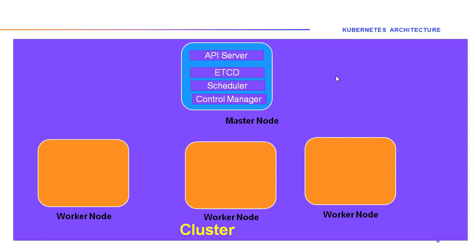Now next is the scheduler. The scheduler is used to schedule pods on the worker nodes. So what is a pod? We will talk about that in upcoming sessions, but for now, let's say we have a container, and on top of that we have one more wrapper, so the container runs inside the pod.